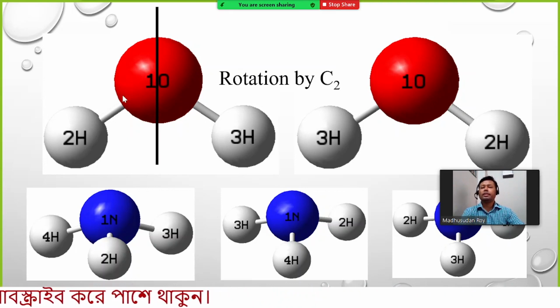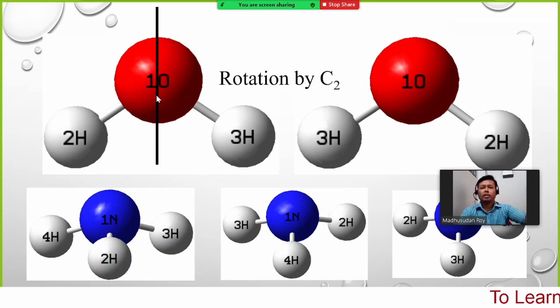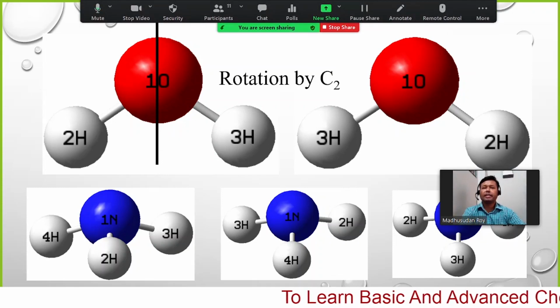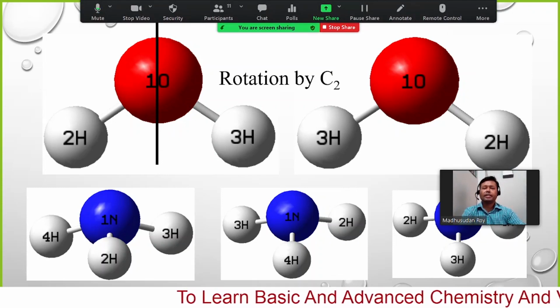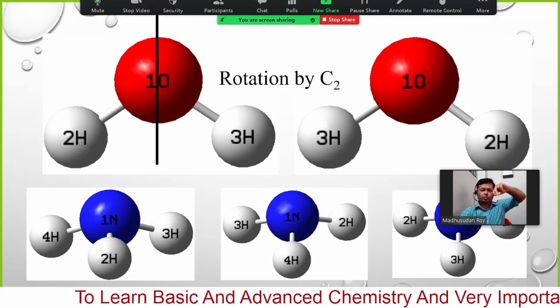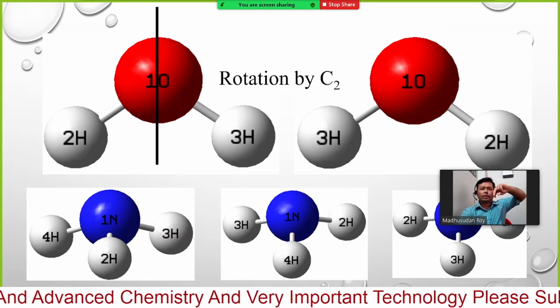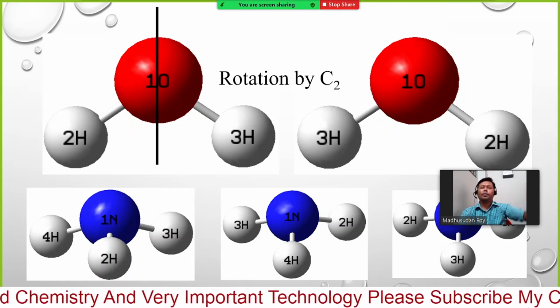So if you rotate this water molecule 180 degrees, then what will happen? This is my rotation axis. Consider if you hold this black line or this axis, and you rotate along this black line, then you can rotate the overall molecule.